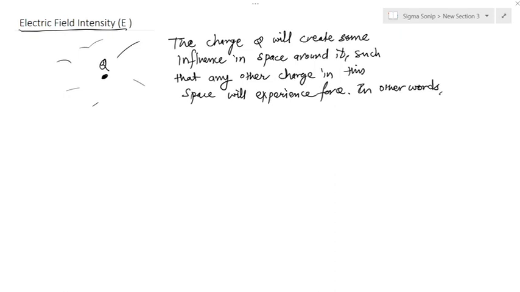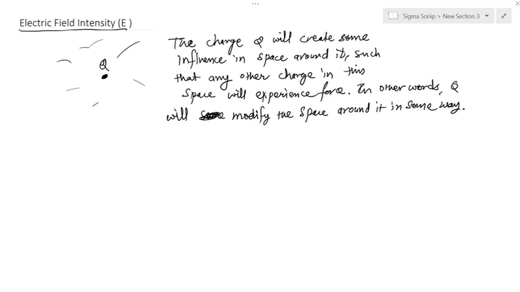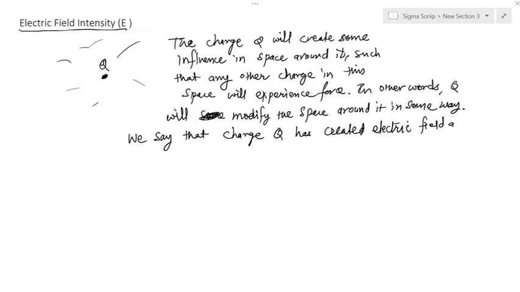In other words, Q will modify the space around it in some way, and we say that charge Q has created electric field around it.